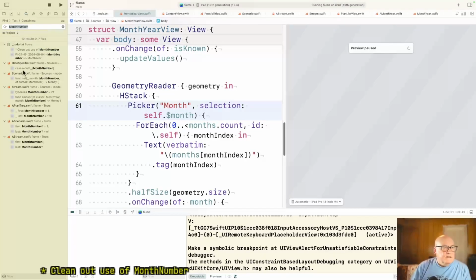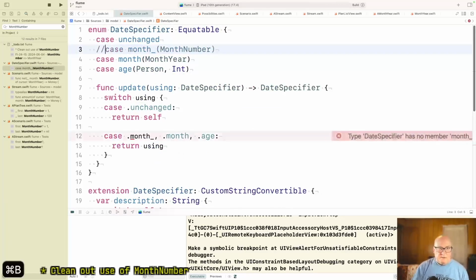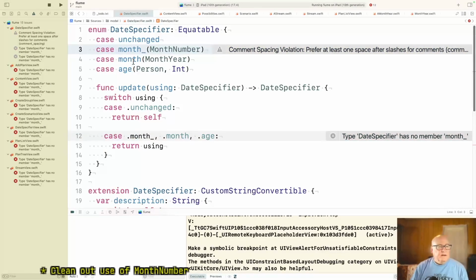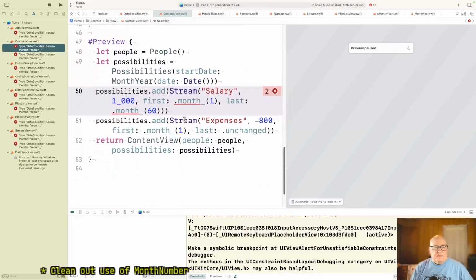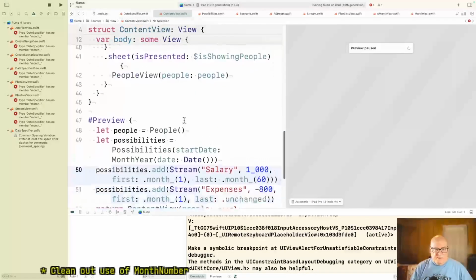Okay, case month of month number. Well, who uses this? Let's see. It's probably tests. Well, lots of things. Okay. Date specifier. Okay, so this.